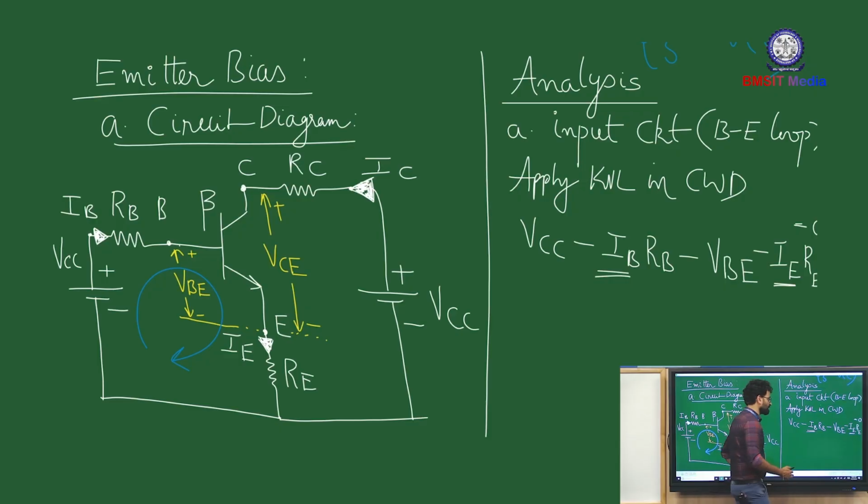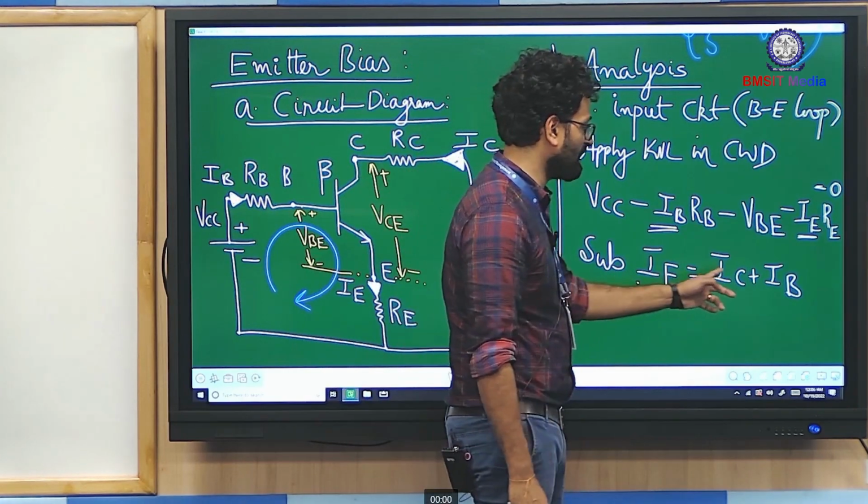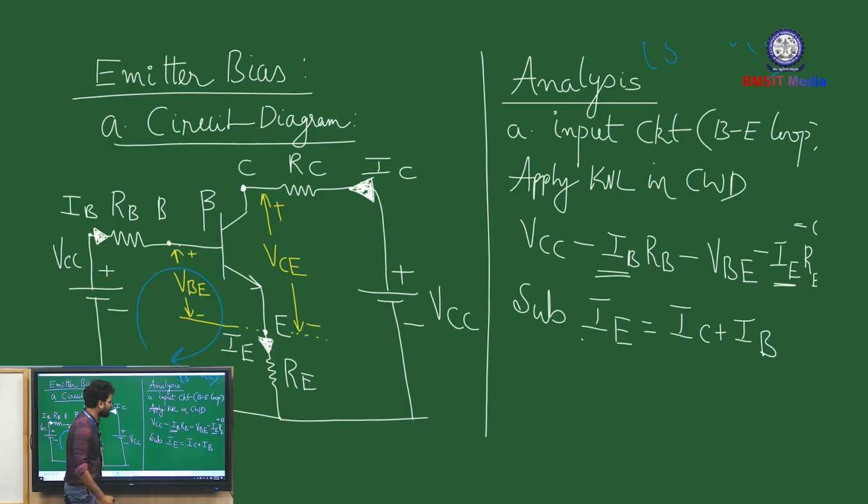So what you can do is substitute in place of IE, IC plus IB, and you can also make use of the current gain relation, beta is equal to output current over input current.